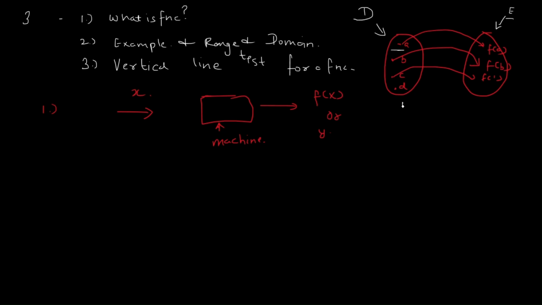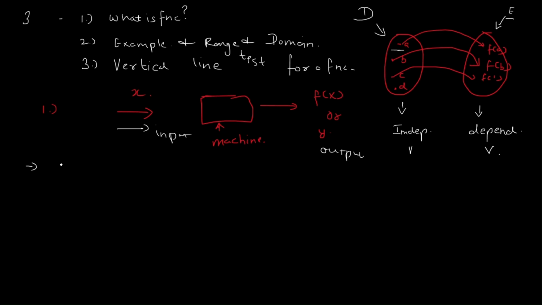This is an independent variable and this is a dependent variable. So this is the input and this is the output.